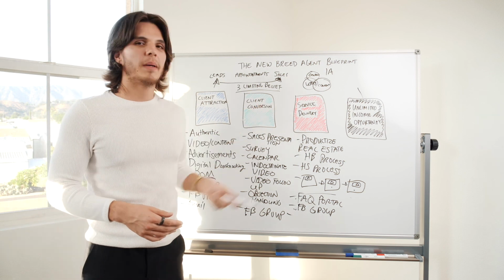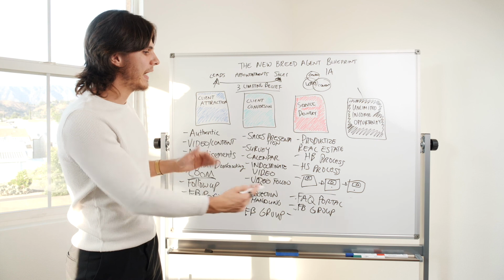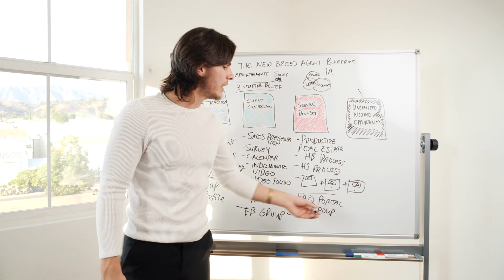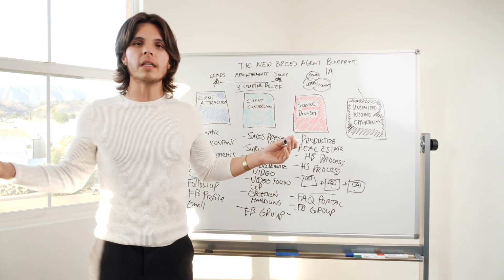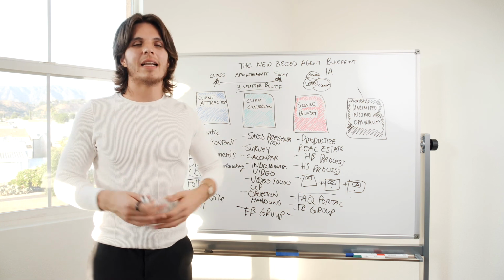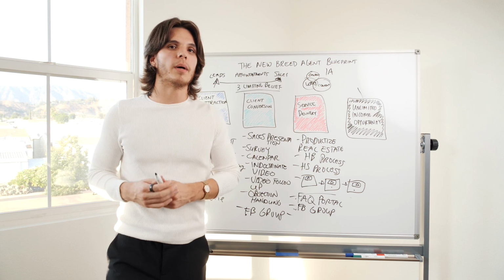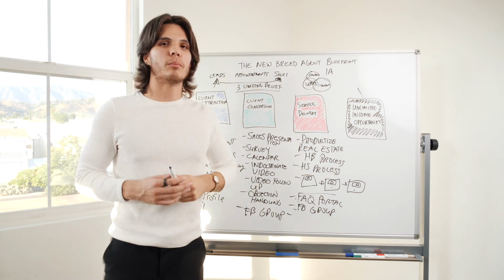You might as well spend that same energy and utilize it for something that's going to last, right? If you make a group, if you make videos, if you answer objections, if you answer frequently asked questions, those videos don't leave, right? So that's a really good decision, and that's called asymmetry, and I'll talk more about that on another video. But I'll conclude the video there, the New Breed Agent Blueprint.